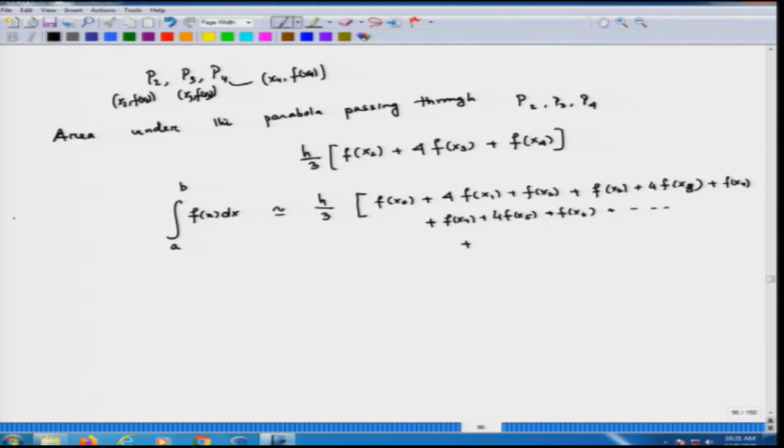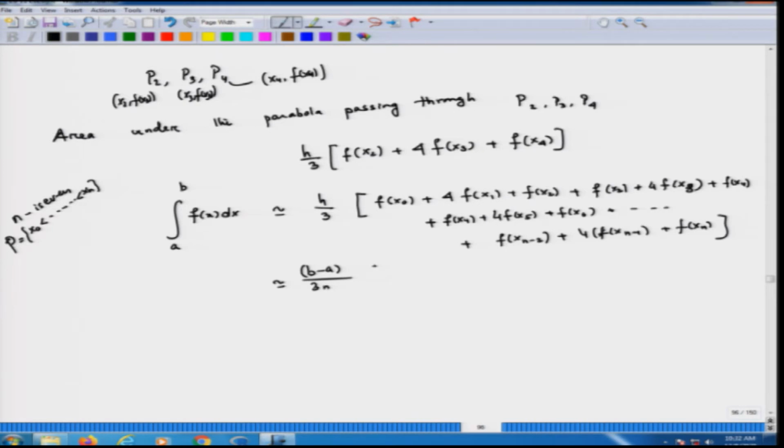Now, we are considering this for n even, the partition. So, the last term is going to be f of x n minus 2 plus 4 f of x n minus 1 plus f of x n. So, writing this, h is what? h is basically b minus a divided by n.